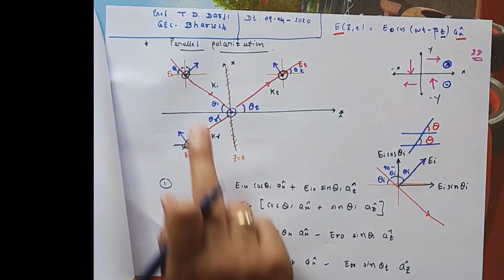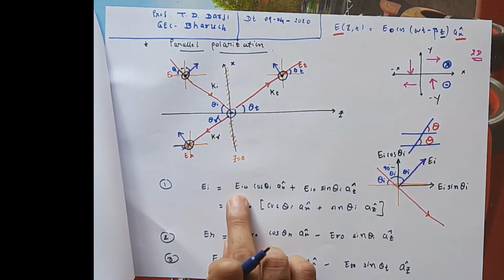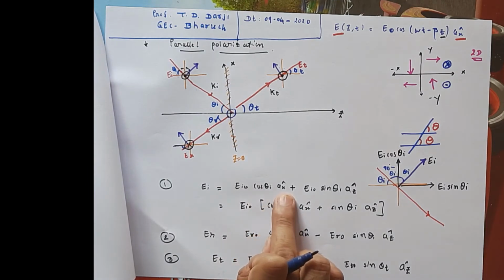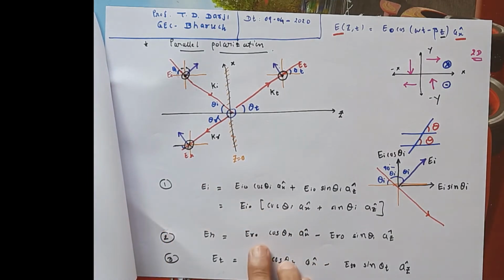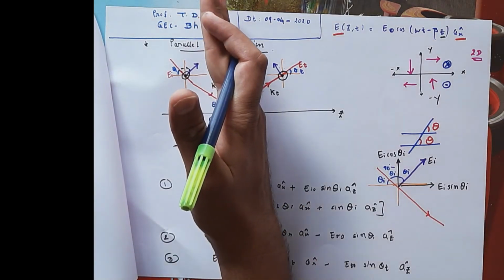Okay, so we know that for the incident electric wave, EIO cos theta I AX, and for the reflected wave, ERO cos theta R AX, these components are parallel to the boundary.